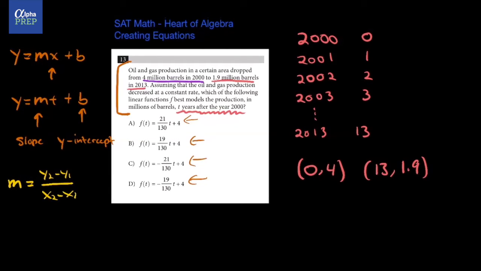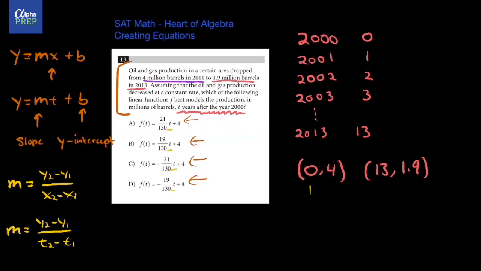And this exact formula will work here. Instead of x's, we're using t's because that just happens to be the variable in this problem. So we can rewrite this as m is equal to y2 minus y1 over t2 minus t1. And it doesn't make a difference, we're just writing the variable in a different way.